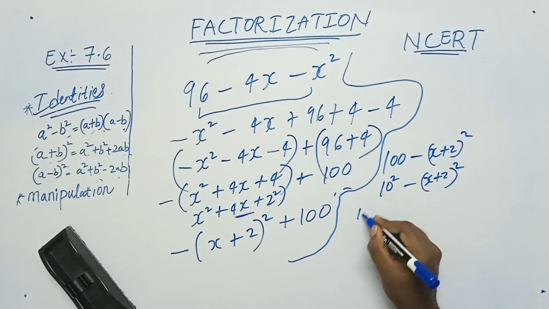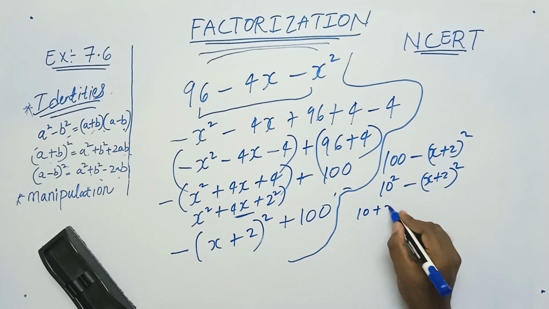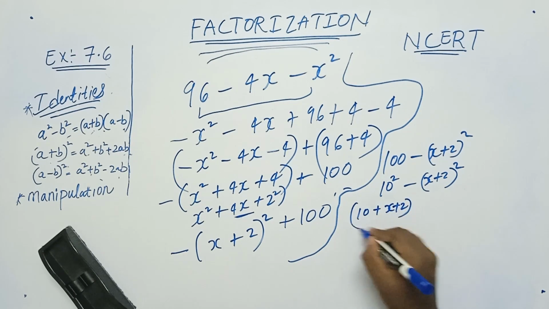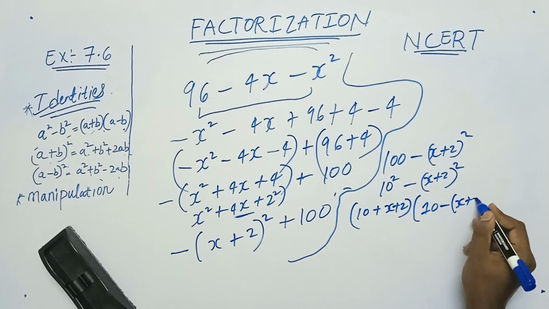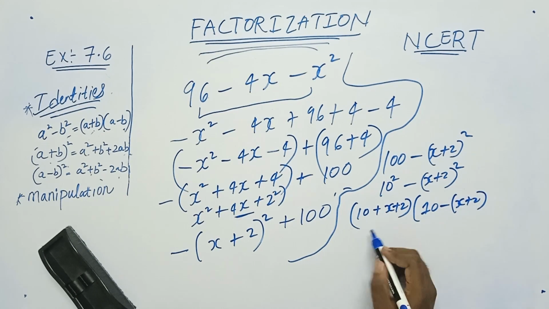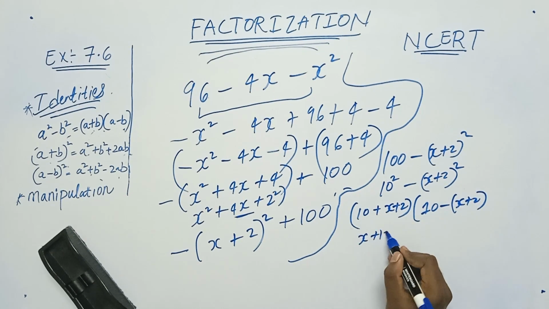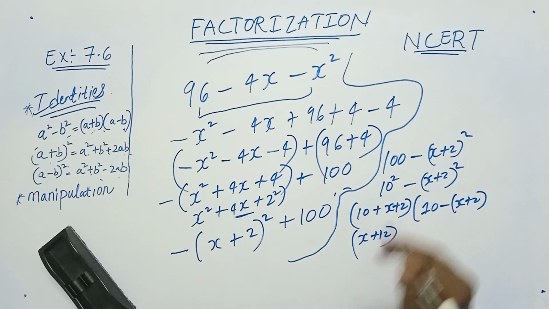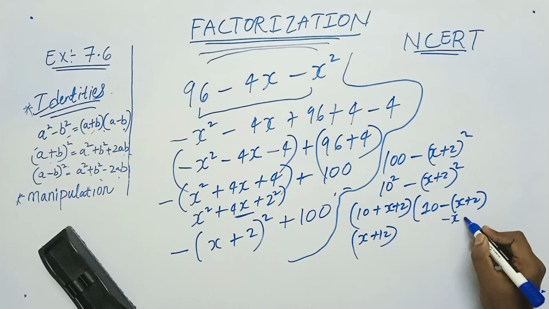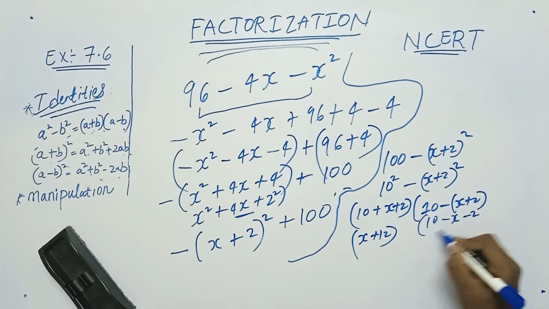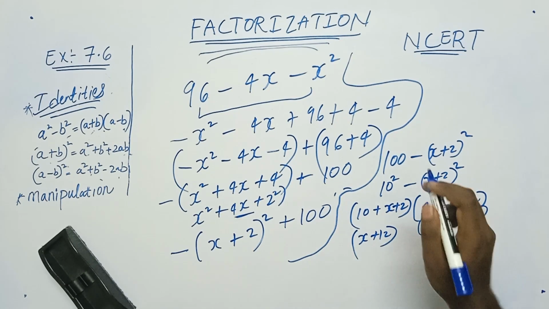We got 10 as the a value. So 10 plus (x plus 2) times 10 minus (x plus 2). That means 10 plus 2 is x plus 12, so we got one factor. Another factor is 10 minus x minus 2. So 10 minus x minus 2 is how much?